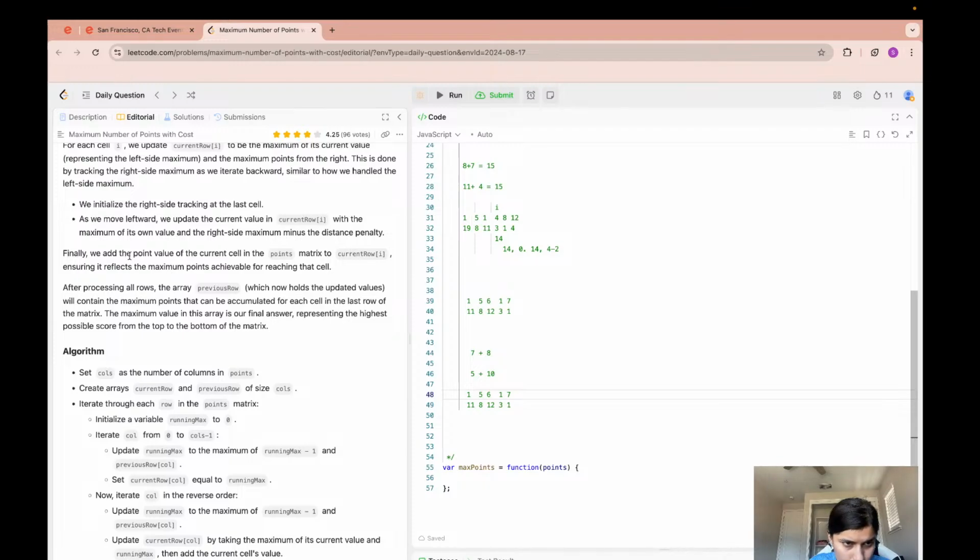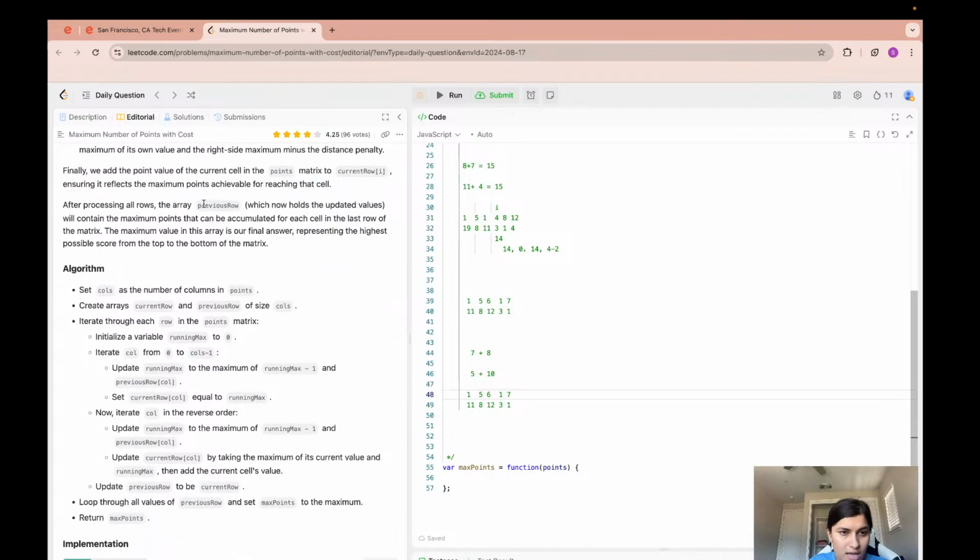Finally, we add the point value of the current cell in the points matrix to current row, ensuring that it reflects the maximum points for that cell. After processing all the rows, the array will contain the maximum points for each cell in the last row of the matrix. The maximum value of this array is our final answer, representing the highest possible score.